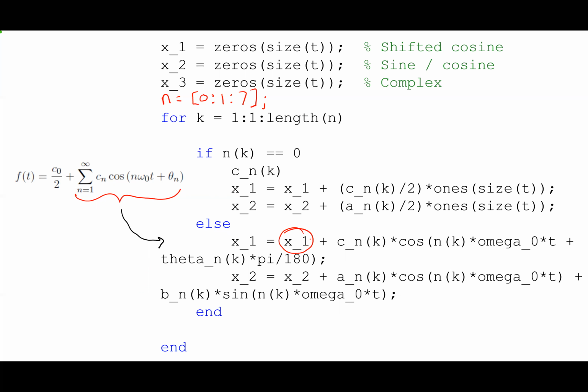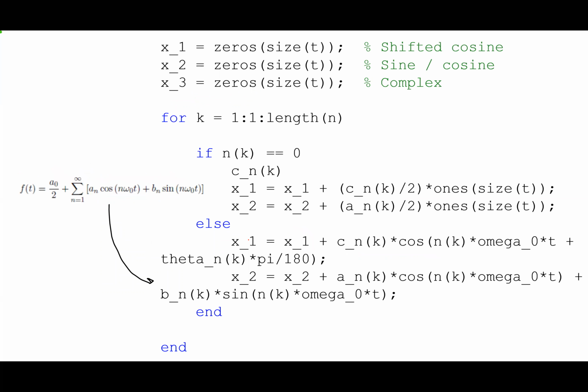This is what I have right now when I come into this loop, and then I add to it this statement, C of n k times blah, blah, blah. So basically I'm implementing this guy right here, right? And if I run through this loop 7 times, every time I run through this loop, I'm going to add another harmonic into it, okay?